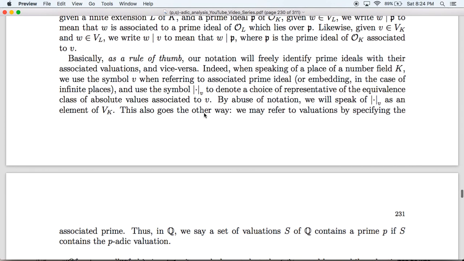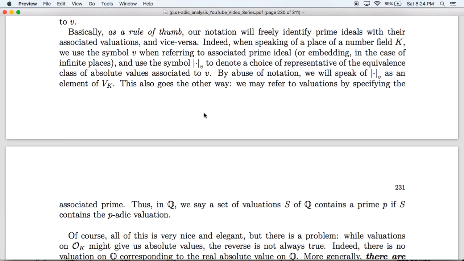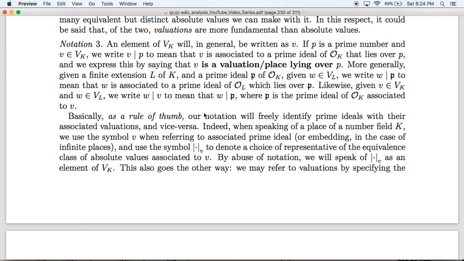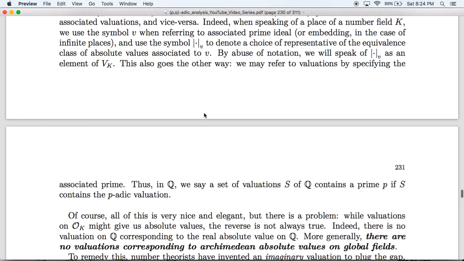The reason why this is so commonplace is because, as we've seen and will continue to see, there are lots of equivalences between places, valuations, absolute values, and prime ideals. Depending on the context, you might want to emphasize one over the other, and the ability to freely change the notation as context demands is very useful.